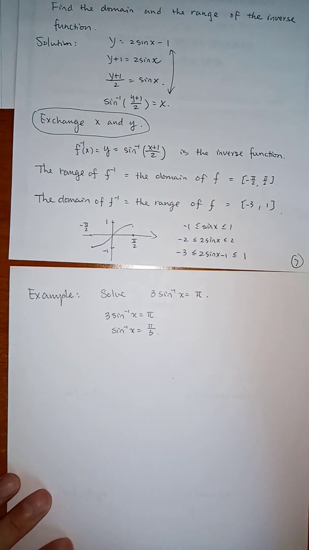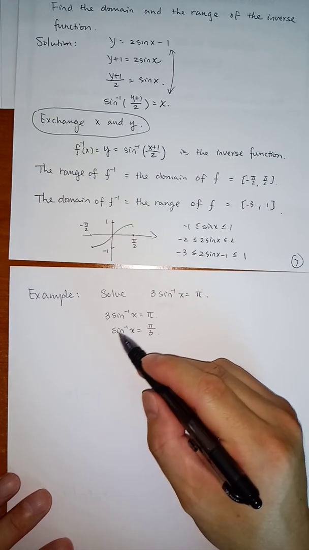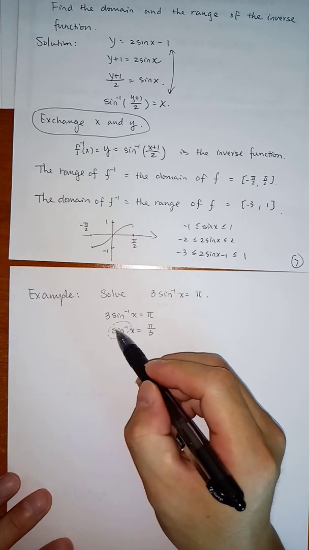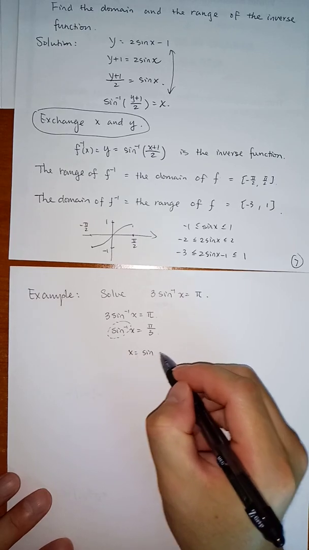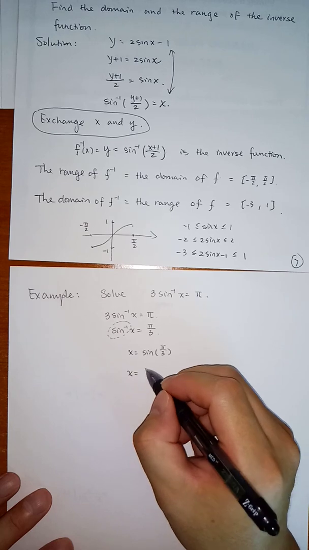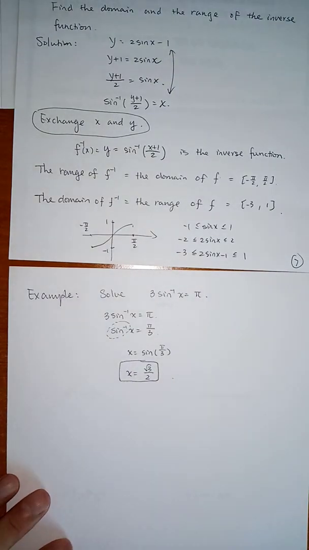Sine inverse of x is pi over 3. And then we apply the definition of the sine inverse. Sine inverse, you move this symbol to the right. This is F inverse. If you move to the right, it becomes F. Sine of pi over 3 is root 3 over 2. So x is root 3 over 2. So the solution is square root of 3 over 2.